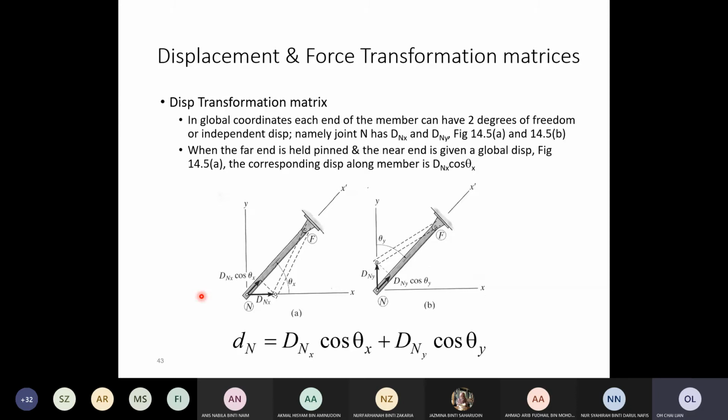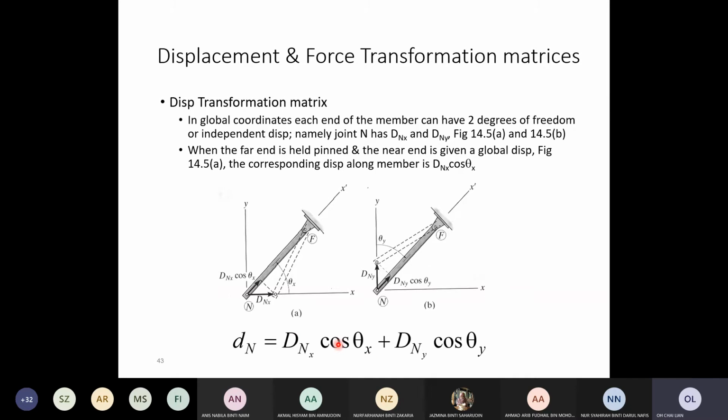Now this page tells the concept of how to change this local to global. What is the relationship between the local and the global displacement?